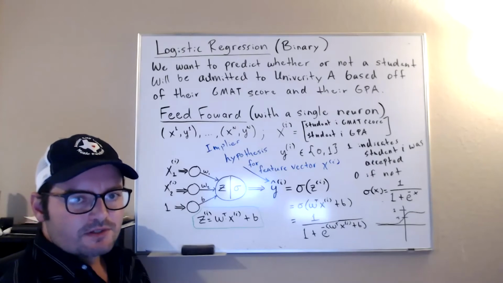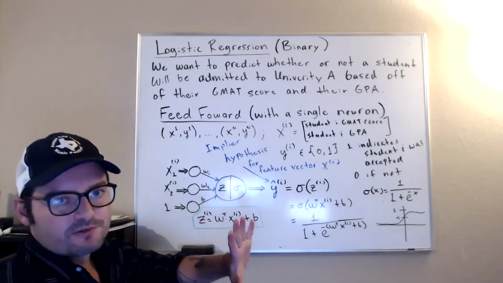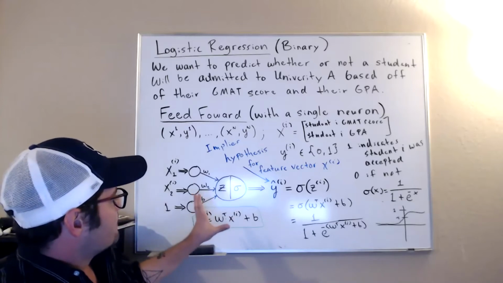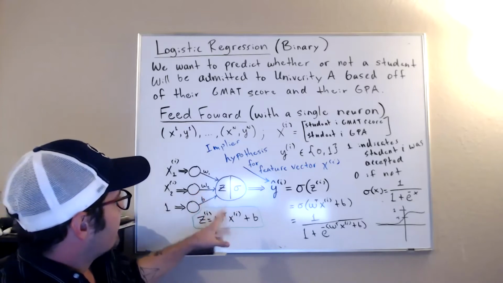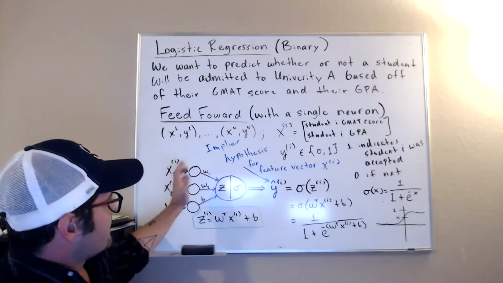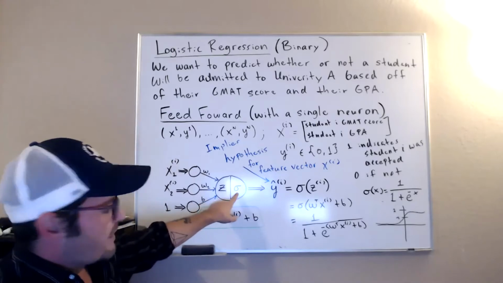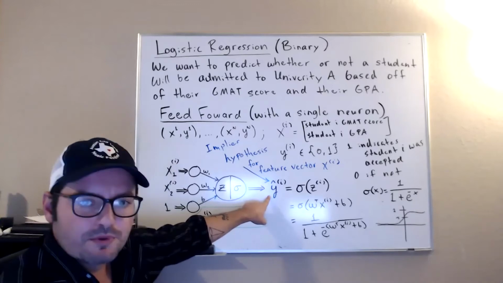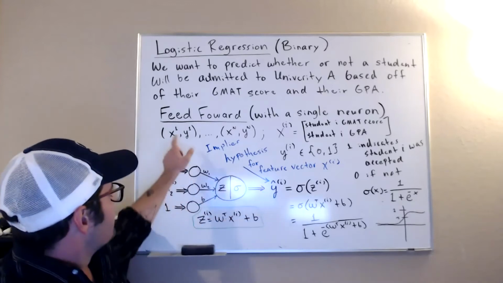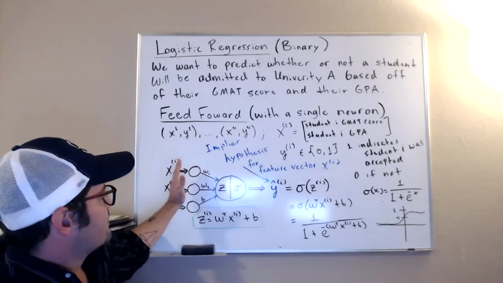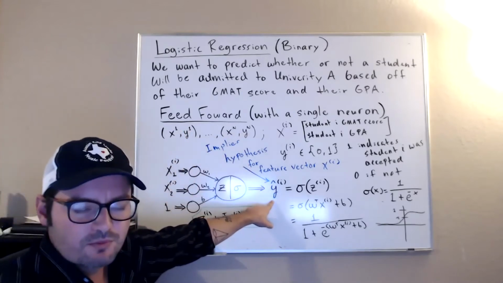Okay, so we're calling this feed forward right now. Now, it might not make sense why we're calling it feed forward yet, but the basic principle is that we have feature vectors, linear combination, apply an activation function of our choice, get output. So we take one of these data points, feed in the features, get out the probability.